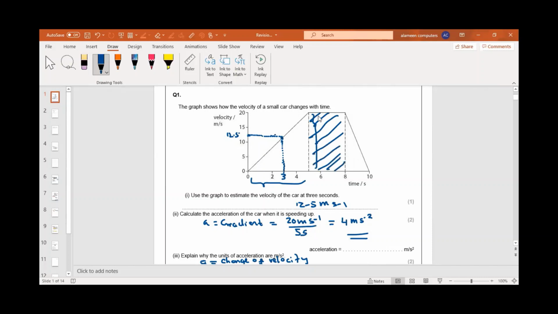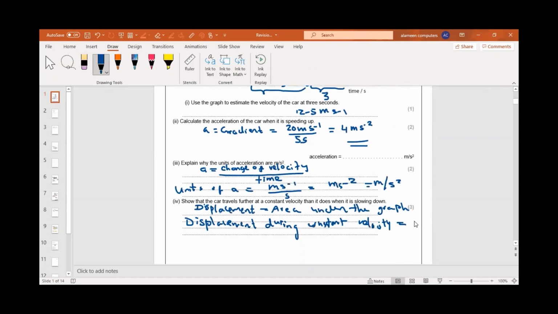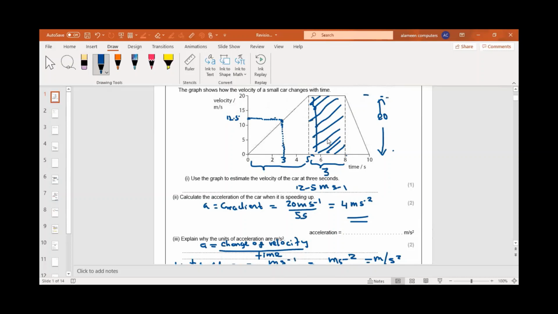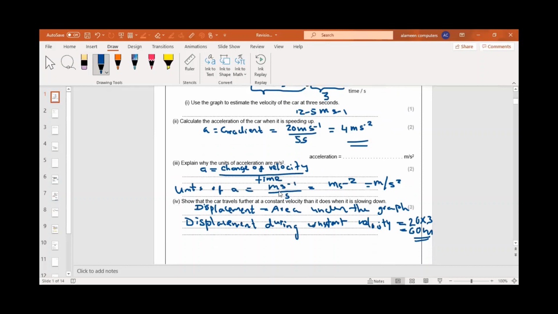So the height of the rectangle is 20. The width is, you have 8 here and this should be 5. 8 minus 5 is 3. Height is 20. So 20 into 3, that is 60 meters.